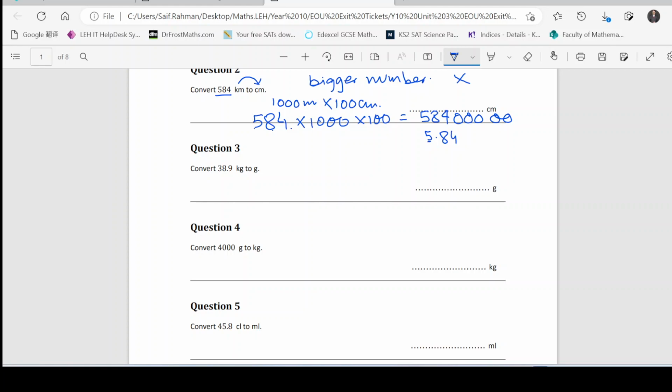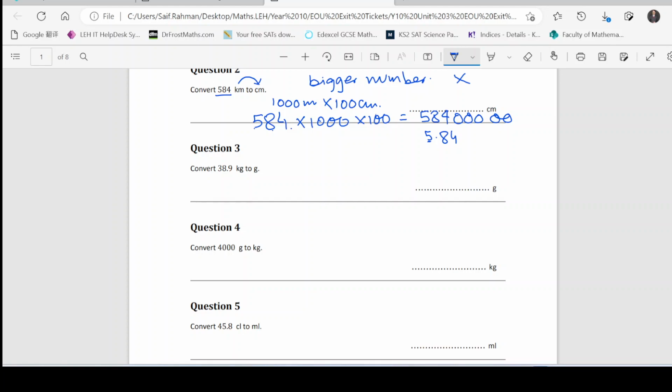From here if you count 1 2 3 4 5 6 7, you arrive here, so there are 7. So that means 10 raised to power 7. 5.84 times 10 raised to power 7 centimeters.